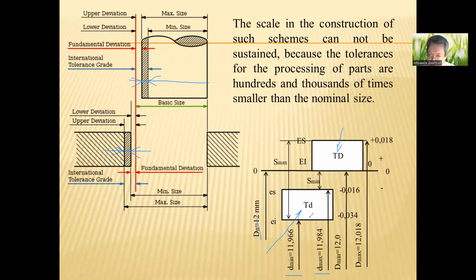Between these lines there is the tolerance field of the shaft. Upper limit deviation of the shaft, small es, lower limit deviation of the shaft, small ei.